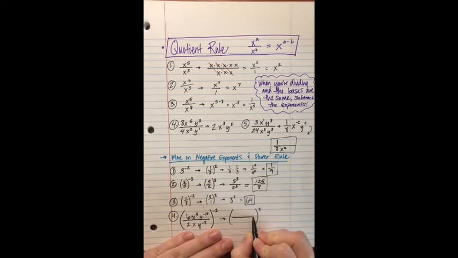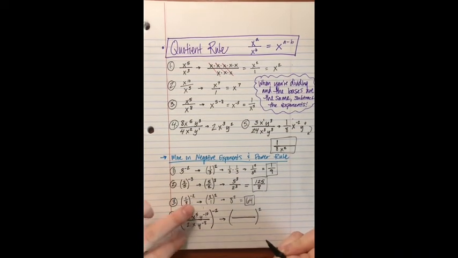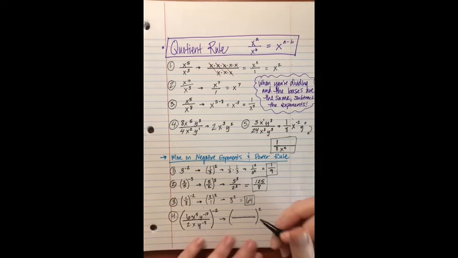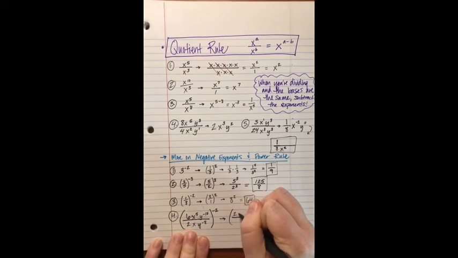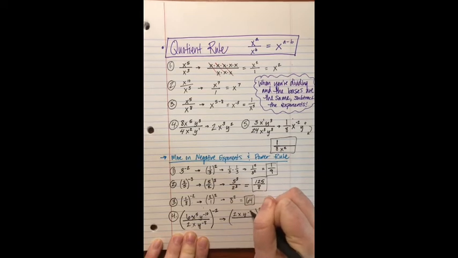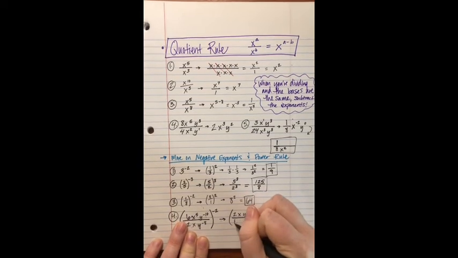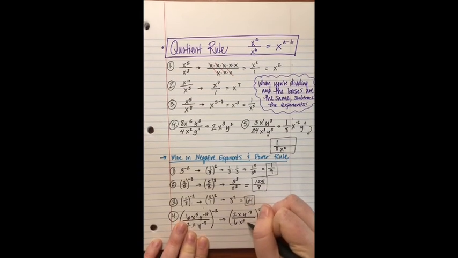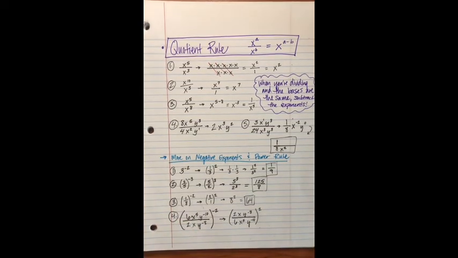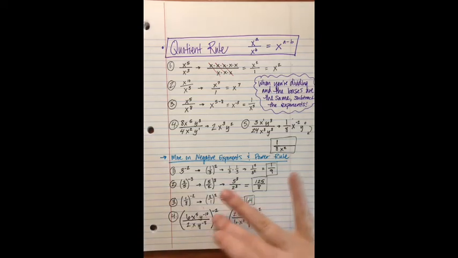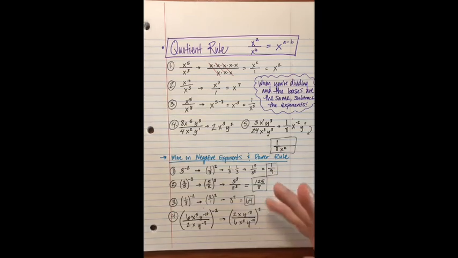Now the reciprocal of this base, you literally just flip what's on top to bottom and bottom to top. So on top I would now have 2x y to the negative 8th. On the bottom I have 6x to the 5th y to the negative 10th.